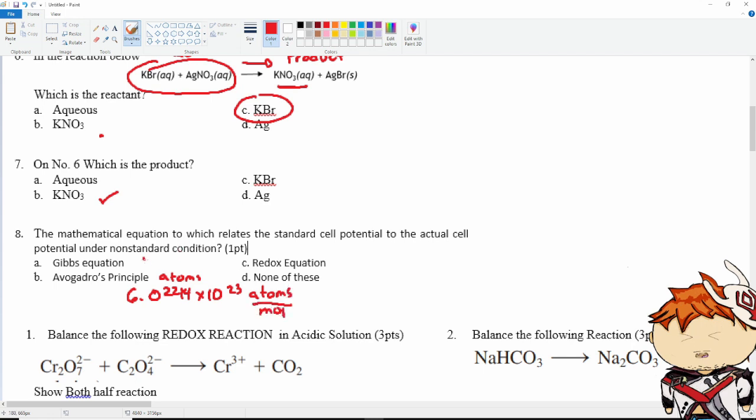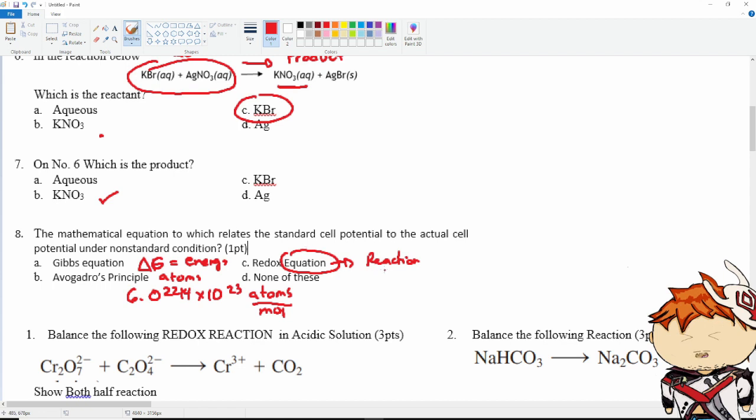Gibbs equation is about energy. Gibbs free energy, so it's not about cell potential. Redox equation is something about reactions of ions, reduction and oxidation reaction. So it's not an equation. There's no such thing as a redox equation.